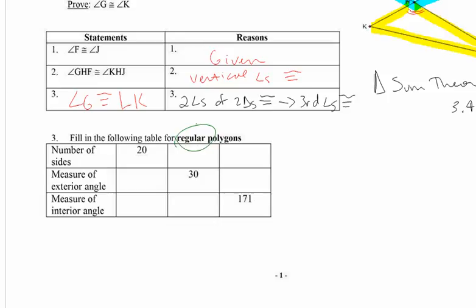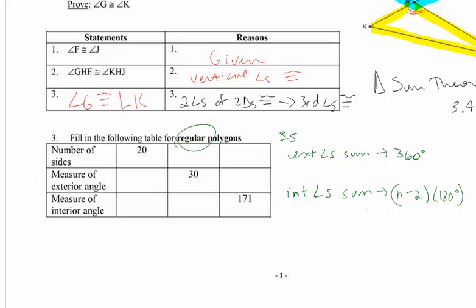Now, we had two guiding principles from section 3.5 regarding this. We know that the sum of the exterior angles was 360 degrees. And we also knew that for the interior angles, there was a formula: n minus 2 times 180 degrees. Now, where did that come from?